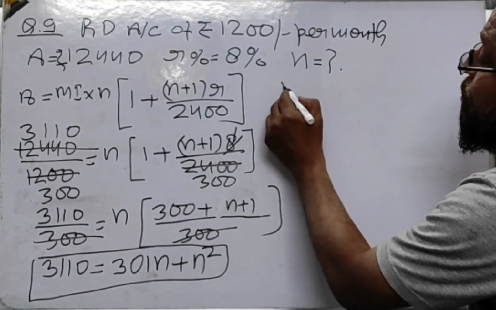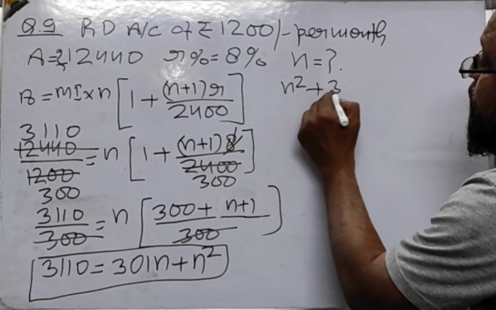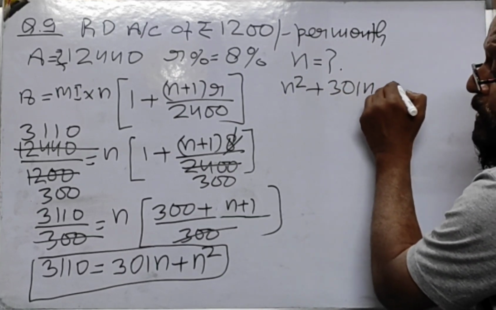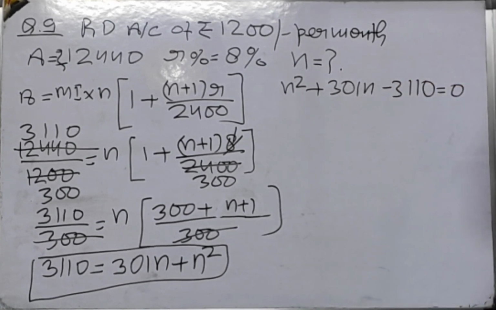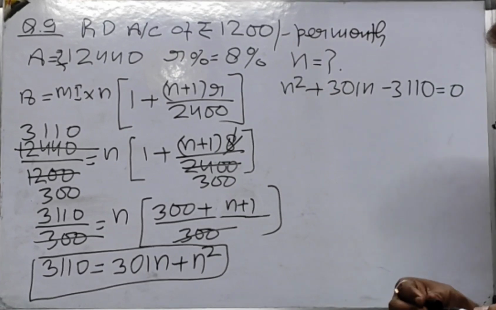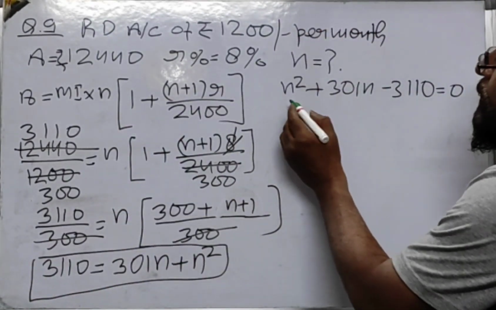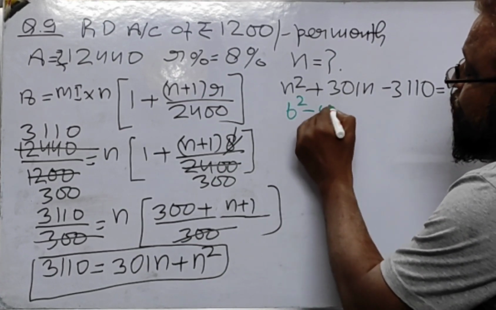Now n square plus 301 n minus 3100 is equal to 0. Right? Now, you can write here b square minus 4ac.